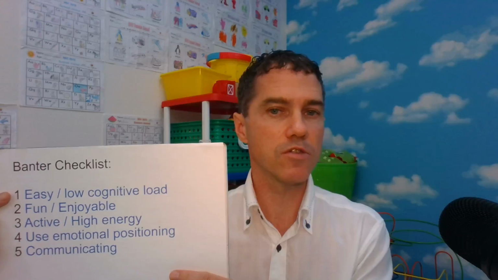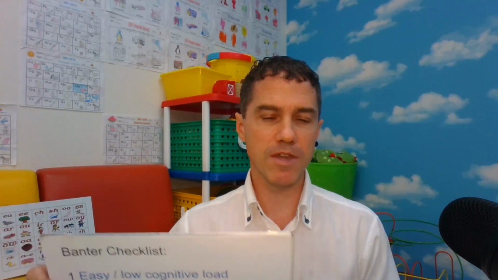A technical way to say that is you want to choose activities that have a very low cognitive load. It means it's very easy for people to join them quickly. It's something that kids don't really have to think about so much. So I try to keep my beginning of class activities very easy with a low cognitive load, and that usually really boosts participation in my classes during the warm-up segment.